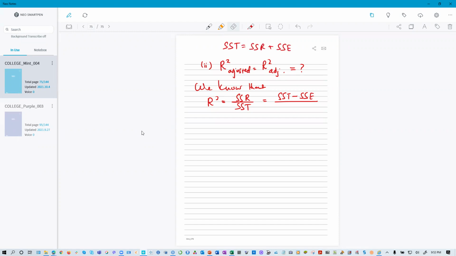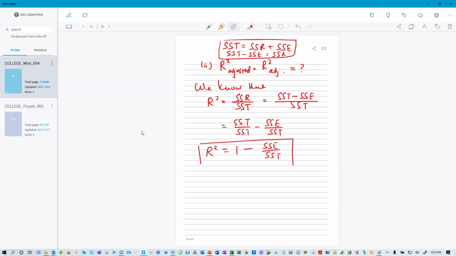So SSR is nothing but SST minus SSE. I replace SSR with SST minus SSE over SST. Then SST divided by SST minus SSE divided by SST. This is 1, they get canceled out. This one is 1 minus SSE over SST. That's the same thing. R square you can write in two ways, either this way or this way.